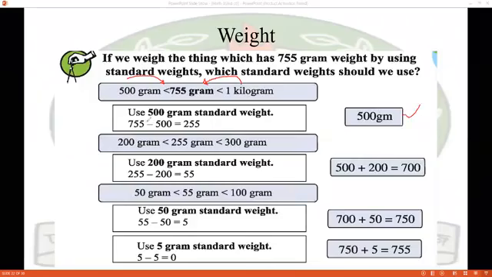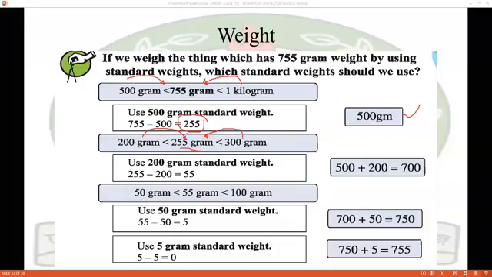The remaining weight is 755 minus 500, 255 gram. When you use the 500 gram standard weight, 255 gram remains. We see that 255 gram is more than 200 gram and less than 300 gram.